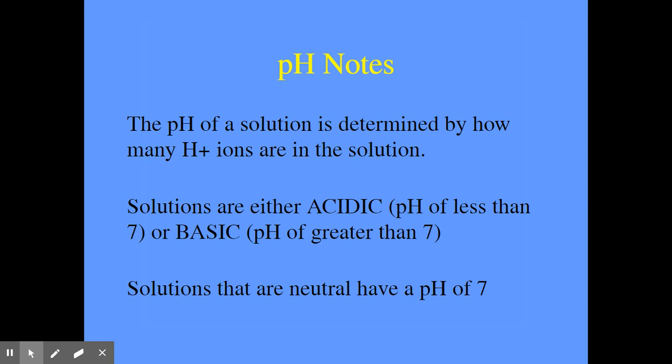And there's a mathematical reason why, but just think about it for a minute. Just 7, that's a good number, right? So 7 is the middle. From 0 to 7, if it has a pH of 0 to 7, that is considered acidic. 0 would be like an acid that would burn the flesh right off your skull.